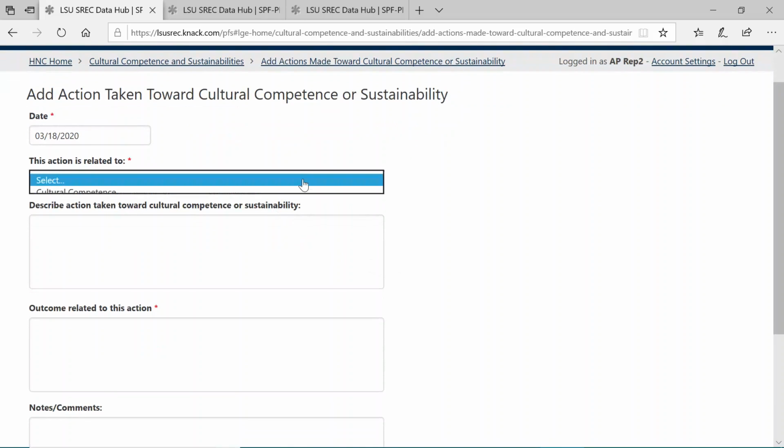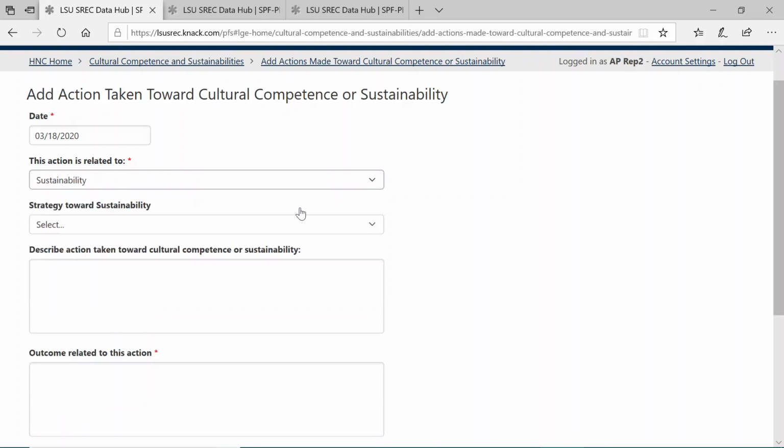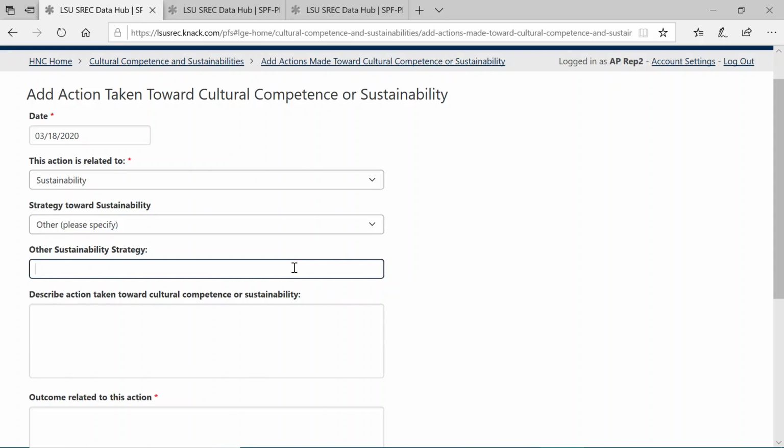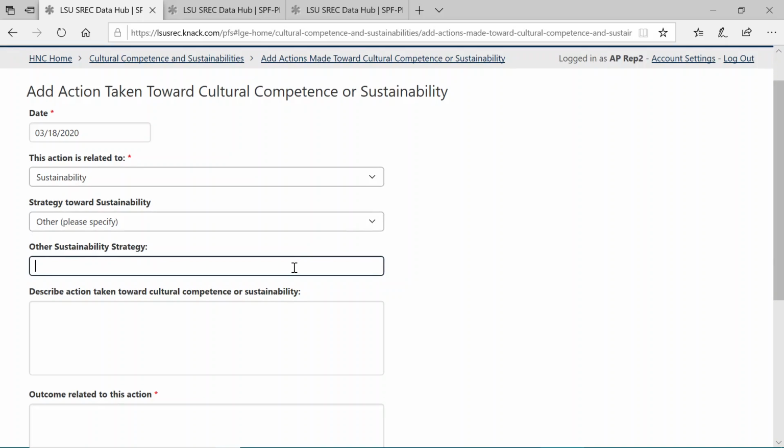So if we say that we had an action related to sustainability, you can choose from whether it was implemented evaluation, continuation of quality improvement, built or strengthened organizational capacity, expanded partnerships, secured new funding streams, or diversified sources of funding, or you can click in other, and you can type that in.